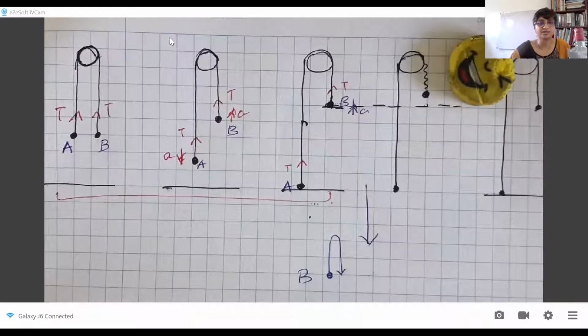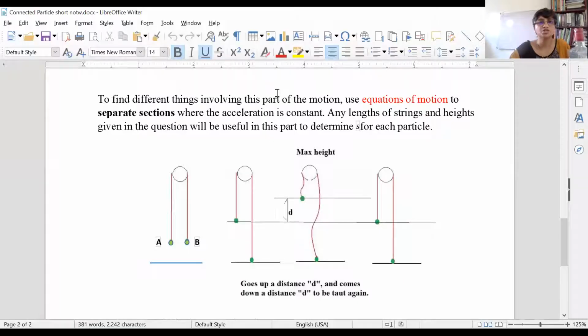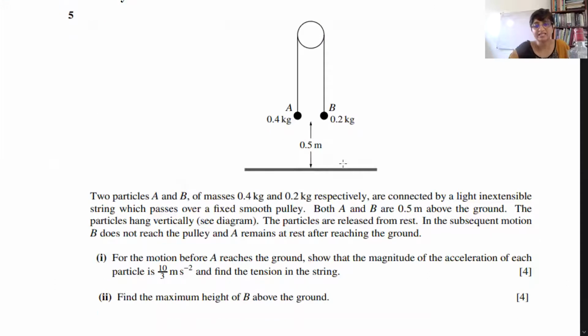Now let's go back to the question. Find the maximum height of B above the ground. For that, what do you think we should do? For that subsequent motion, after A has hit the ground, we have to just think of B's motion.